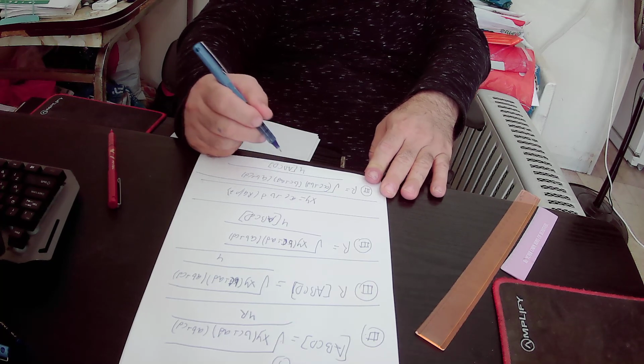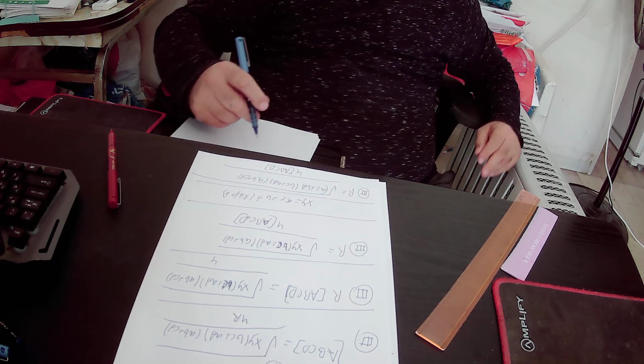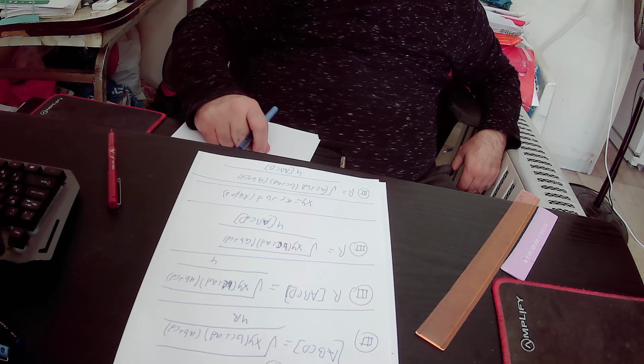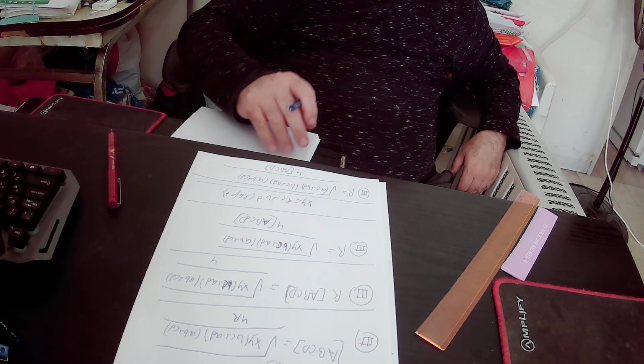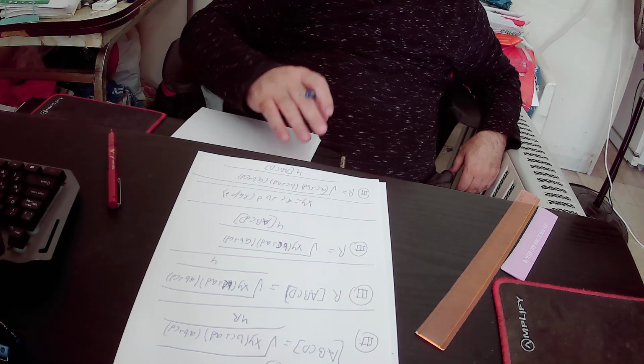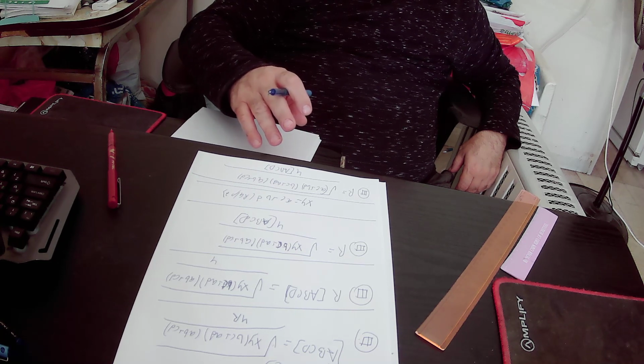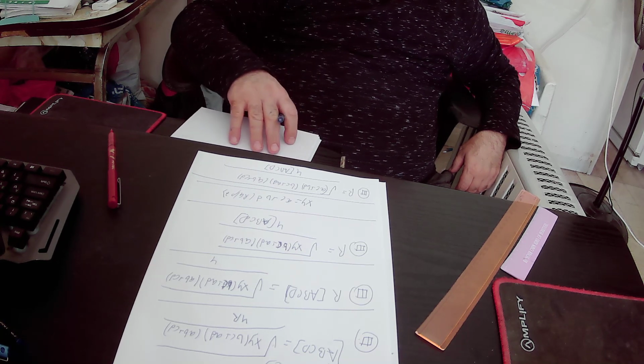Okay, we know the values of A, B, C and D, and the only thing left to find in this equation number 3, in order to find out the radius of the circle, is the area of quadrilateral ABCD.